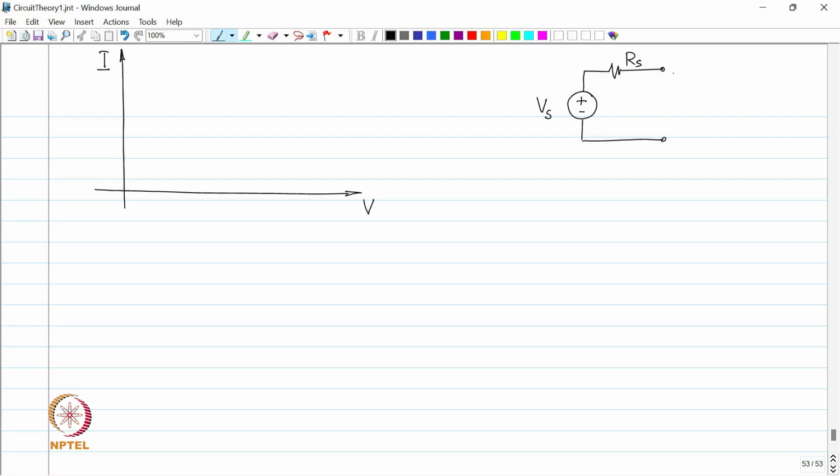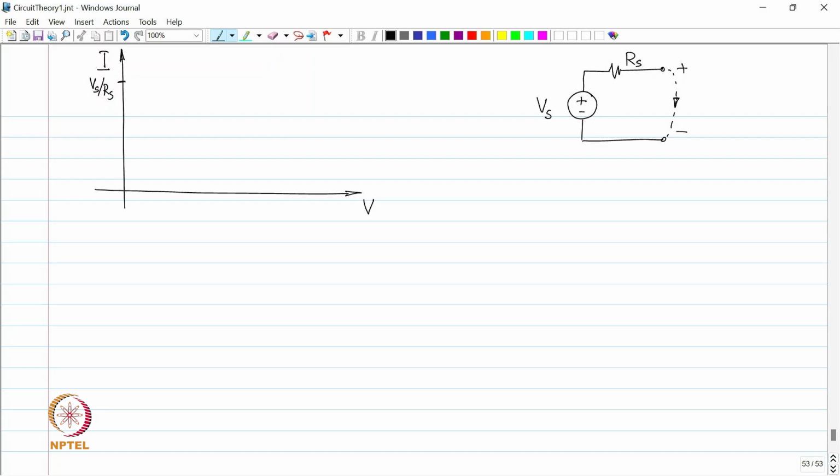So, if the voltage over here is 0, what is the current? Yeah, what is the current? Vs by Rs. So, if the voltage is 0, I have Vs by Rs.